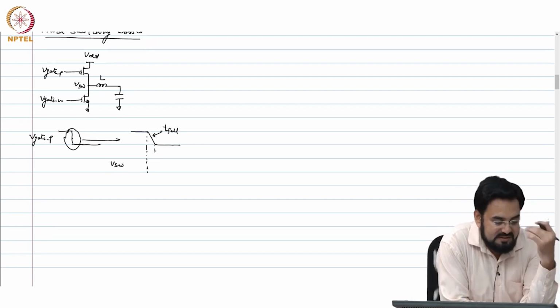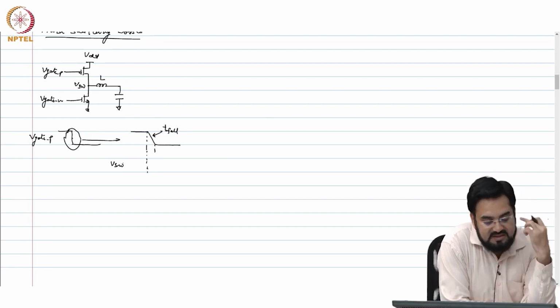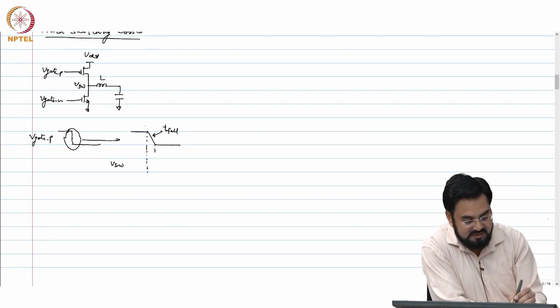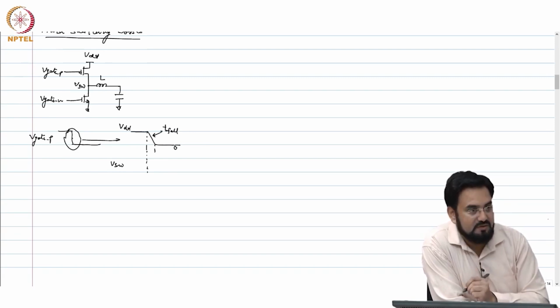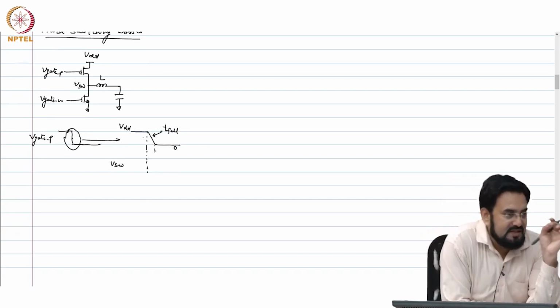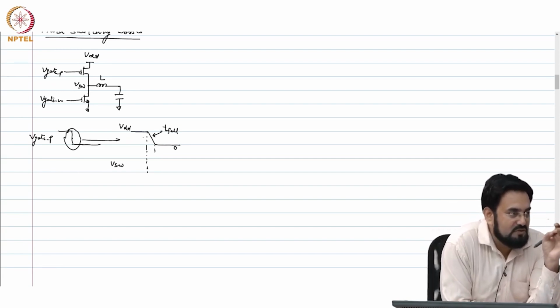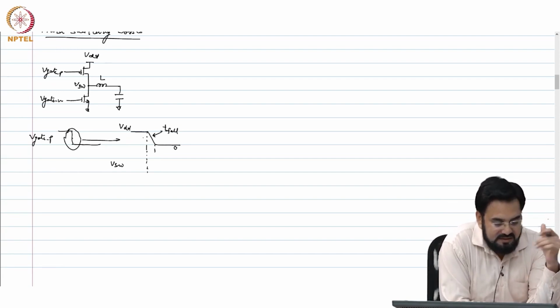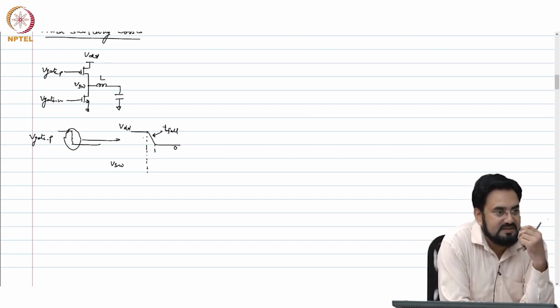It will start rising when? When will this transistor turn on? So, this is your VDD, this is your 0. First, the gate has to cross VTP, the threshold voltage. Then will VSW start rising right away?